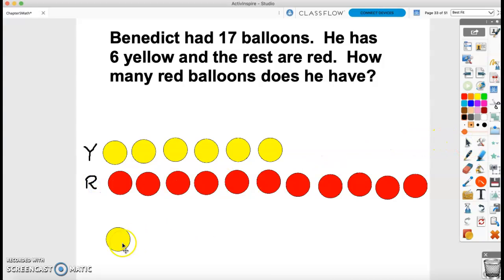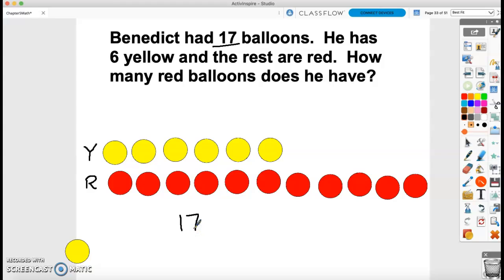So now I need a number sentence that goes with the problem. So the number sentence usually indicates, if I read the number sentence and write the numbers as I see them, that's going to tell me if I'm going to add or subtract. So it says he had 17 balloons. So I'm going to start with 17.